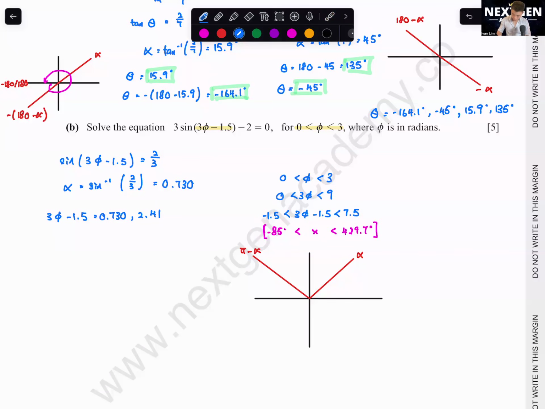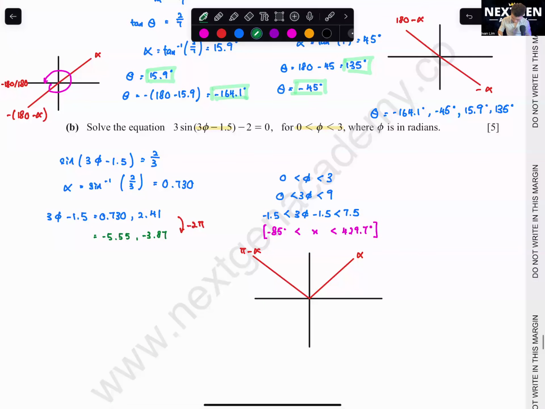I want you all to do minus 2 pi first. So 0.73 minus 2 pi, this one I put in green color, is minus 5.55. 2.41 minus 2 pi is minus 3.87.